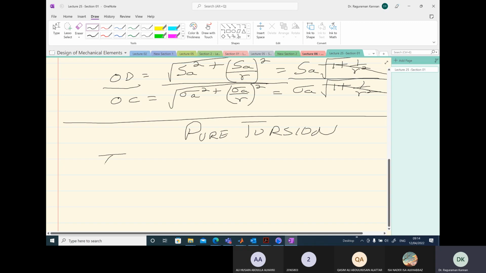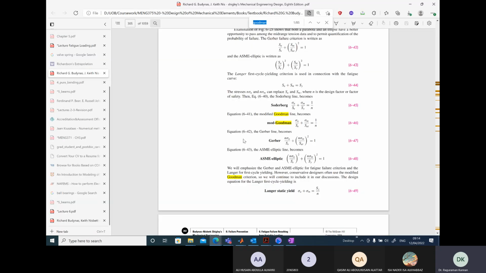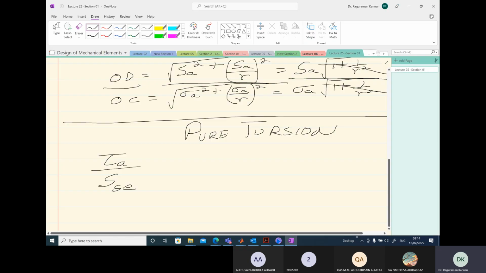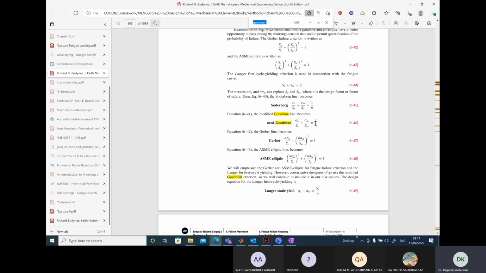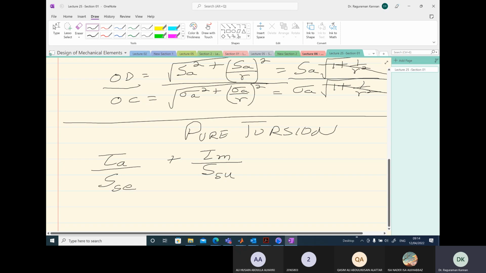I have to replace it with tau A over SE. Okay, so what is the difference? I will let you know. And here plus sigma M over SUT, so the same equation becomes tau M over SSU. This is for ductile materials again, and should be equal to 1 over n, the factor of safety.